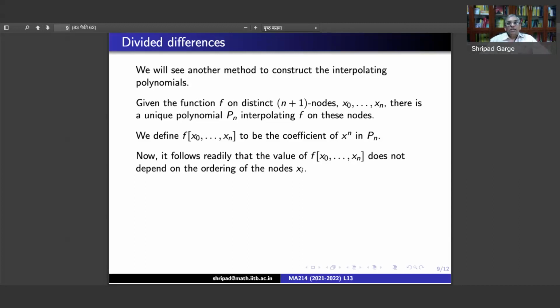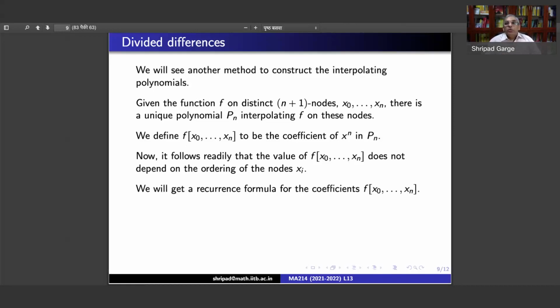So what you have done is just interchange some rows of the data. But ultimately the polynomial that interpolates this function will not change. It will be the same polynomial, and therefore this particular entry does not depend on the order of x0 up to xn. That's an important observation.